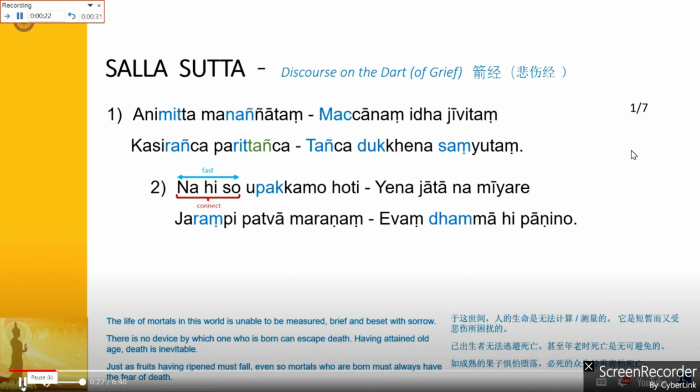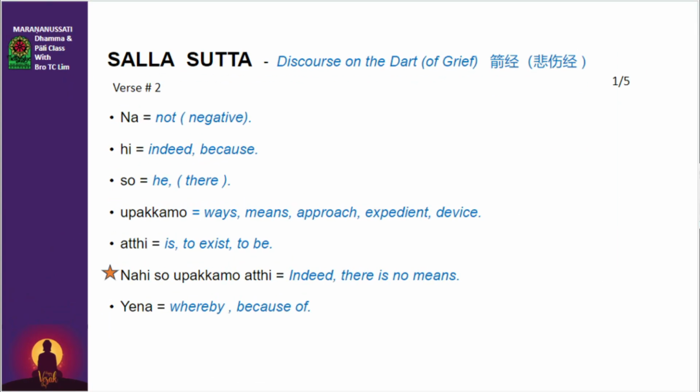Next. Nahi so upakamo hoti yena jata na miyare, jarampi patwa maranang, evang dhamma hi panino. Okay, so verse 2. Na means not, negative. Hi means indeed or because.